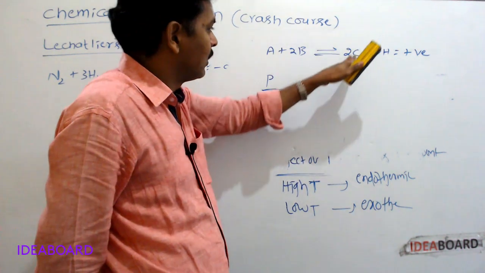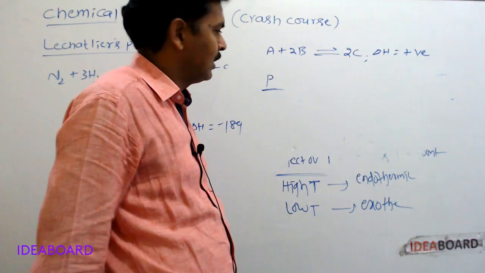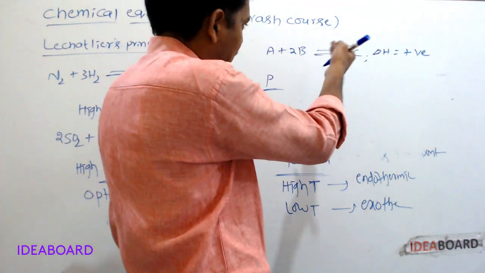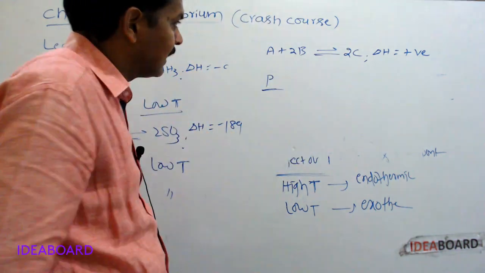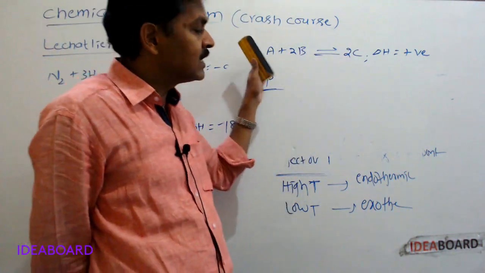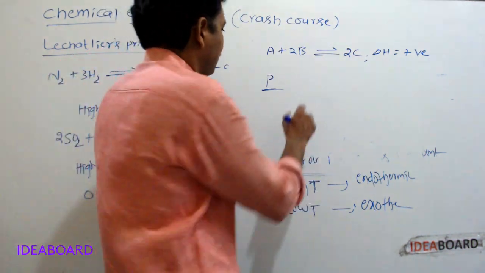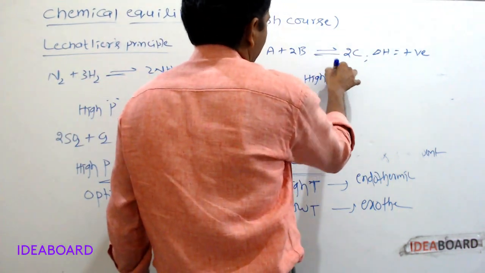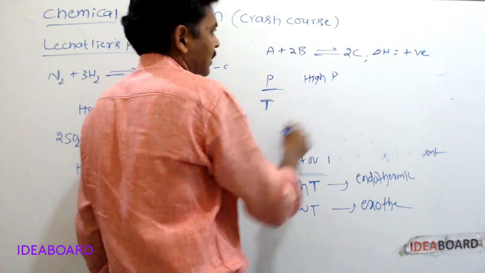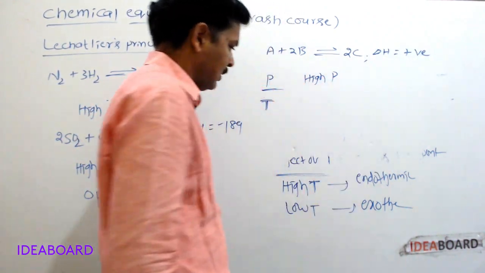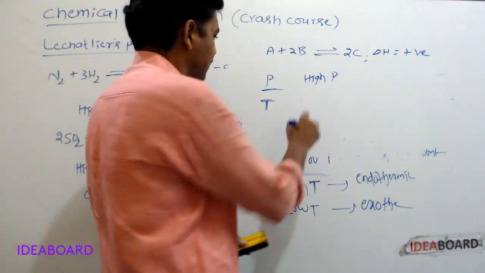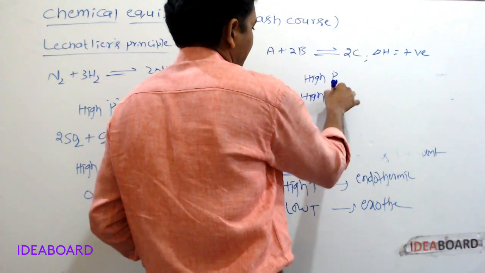We should maintain high pressure to get a large amount of products. If we maintain high pressure, then equilibrium shifts in the direction in which there is a decrease of pressure, that is, a decrease in the number of moles. So high pressure. Next, temperature. Endothermic reaction, so high temperature is favorable.